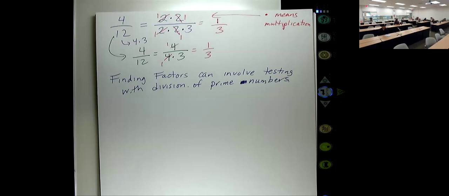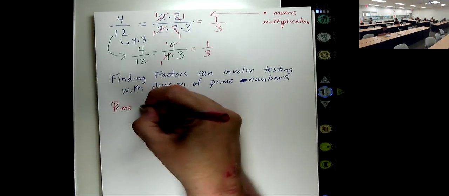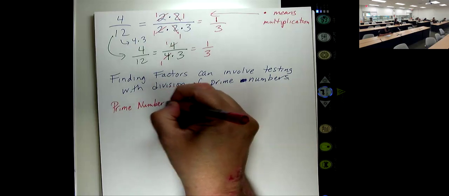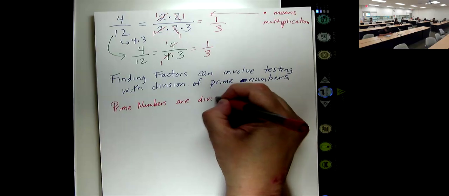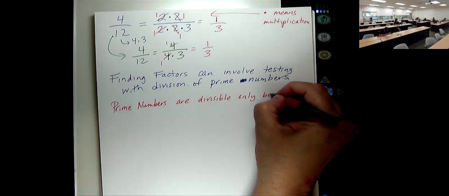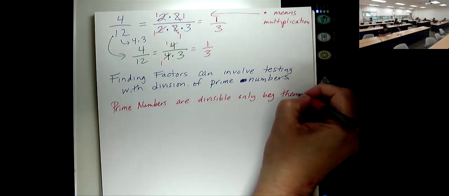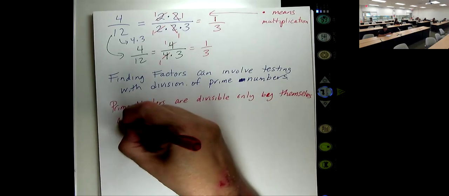So what's a prime number, you might ask? I know we're having fun, right? Prime numbers are divisible only by themselves and 1.